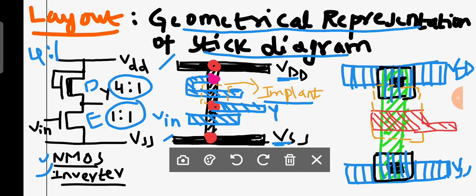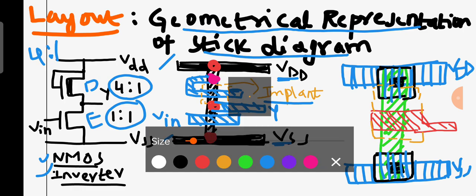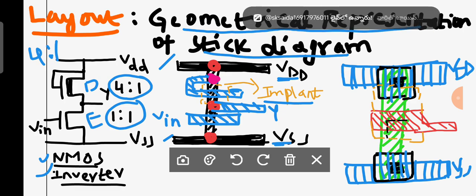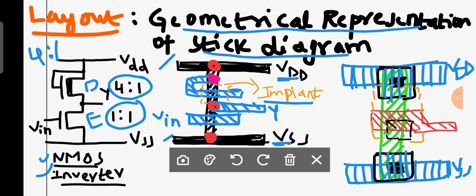Okay, this is an implant. I hope you are clear. Okay, and you require a buried contact here. You have to represent a buried contact. Okay, this is how you have to represent a depletion mode MOSFET.